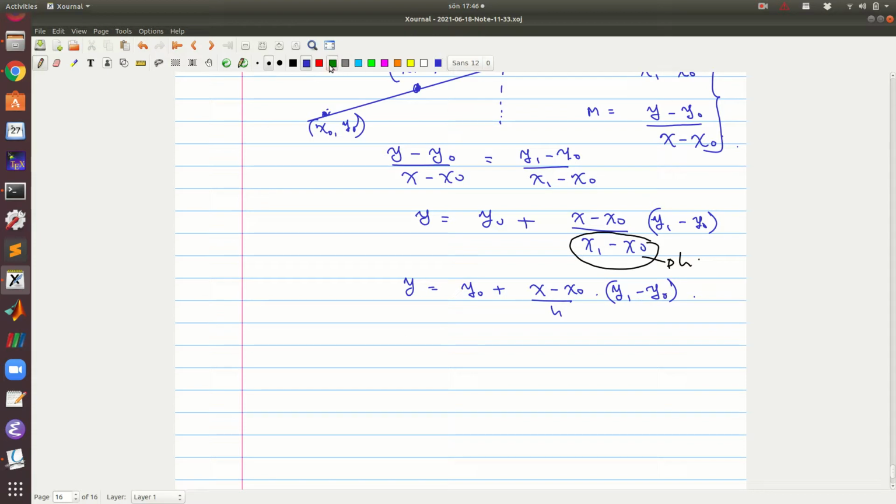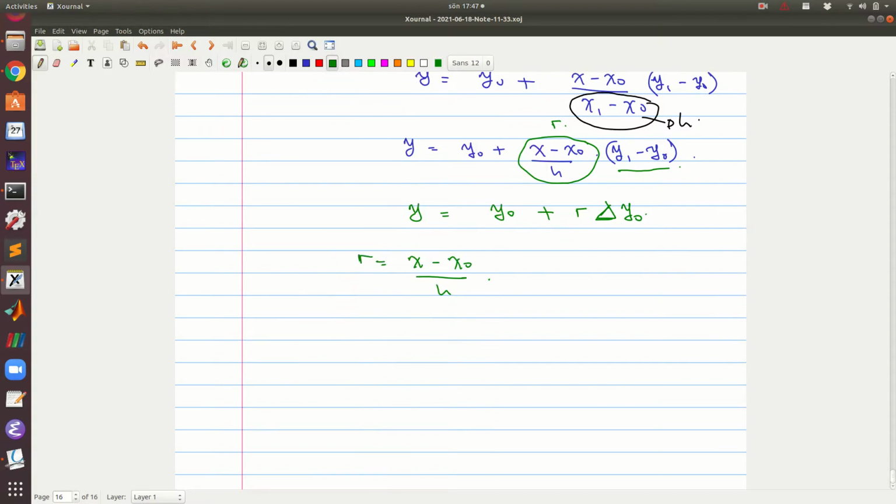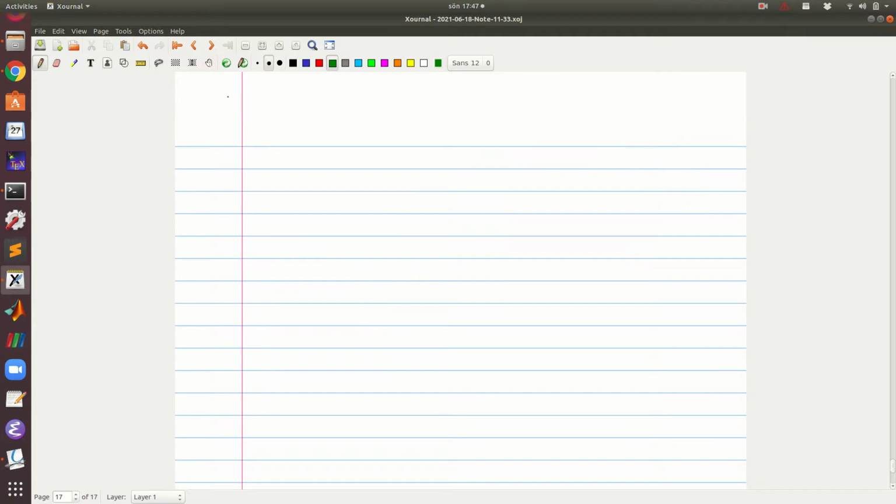We can further write this as y equals y0 plus r, where r is x minus x0 divided by h. This is what we are setting to be our r. And we know by now that y1 minus y0 is simply the forward difference evaluated at x0, denoted by the forward difference of y0. This is the formula that we are going to use if we want to determine the value of a function at an intermediate point given two sets of pivotal values.